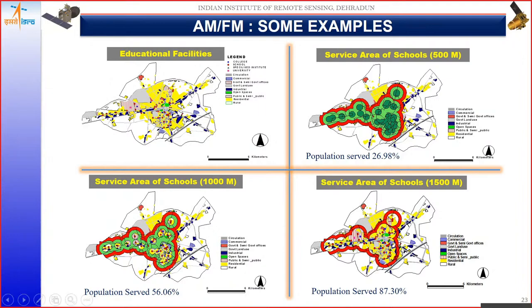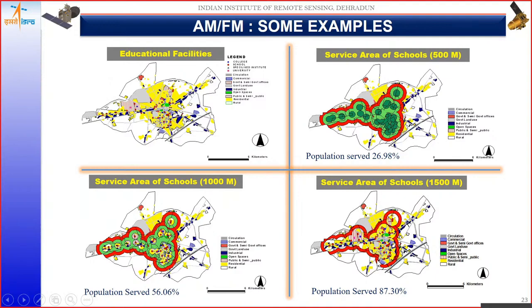Now if you extend the distance, you are seeing the lighter green area, a larger area benefited, but even then there are other areas devoid of the facilities, or where the children have to walk a long way. If it is 1500 meters or 1.5 kilometers, again the buffer zone will increase and a larger area will be served.